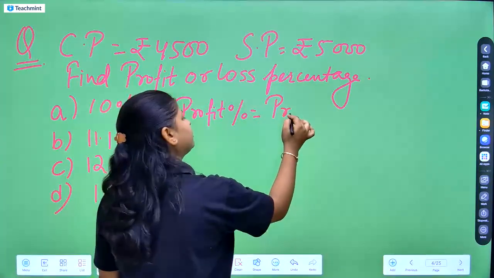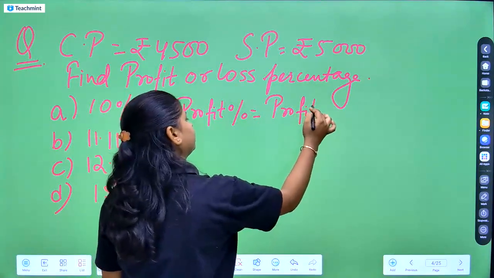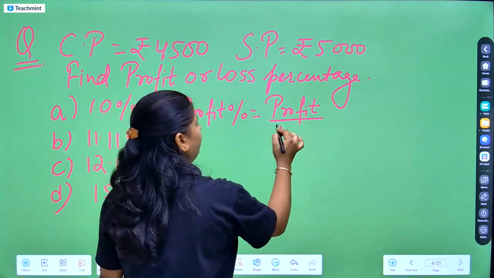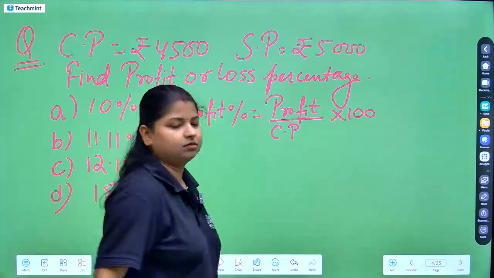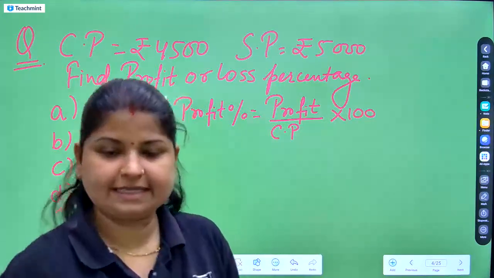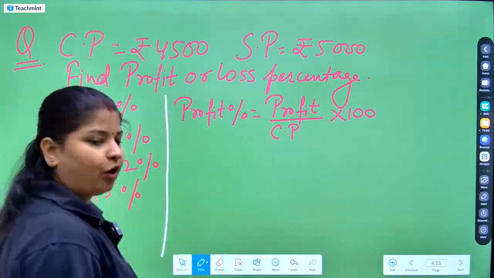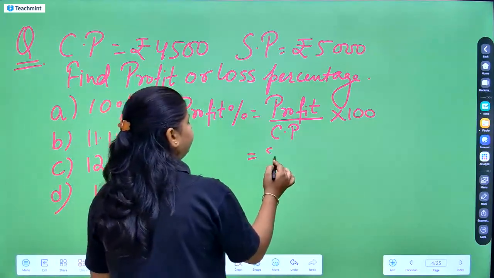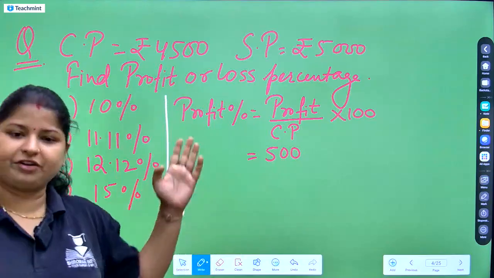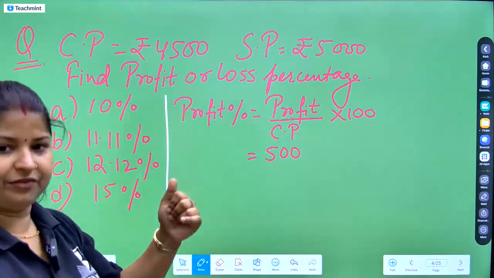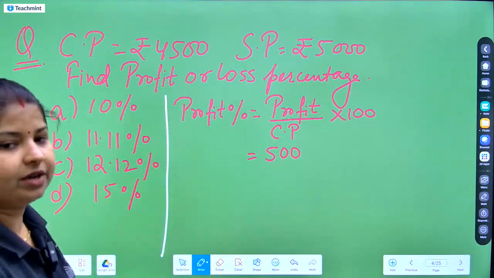Profit percent was profit upon CP into 100. Profit, I know it's 500 because we just calculated the profit. 5,000 minus 4,500. 500 is my profit.